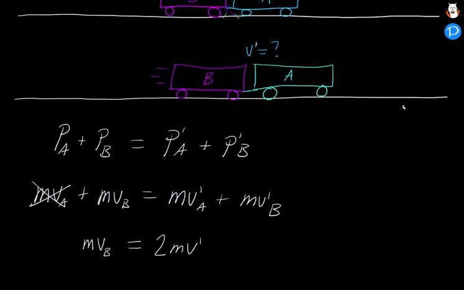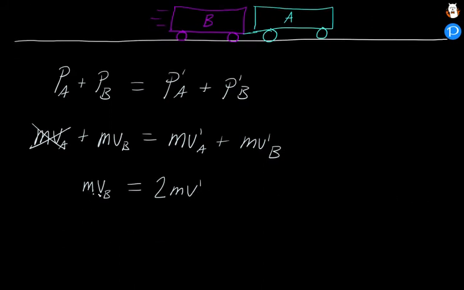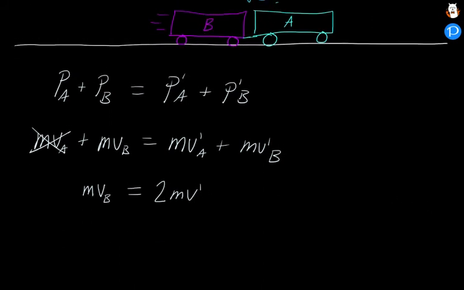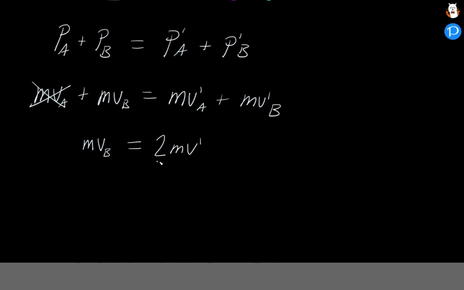So now I've simplified this equation, and I can solve for the velocity prime. That's what we're trying to look for, because I know the masses and I know the velocity of car B at the beginning. So let me rearrange this again. Divide by 2m, divide by 2m. The mass is going to cancel, so it's just going to be the velocity of car B divided by 2 is equal to the final velocity.